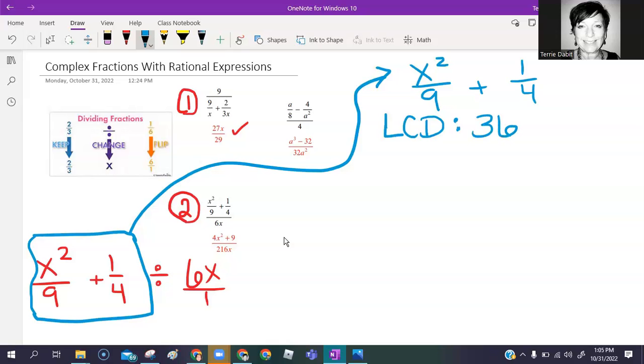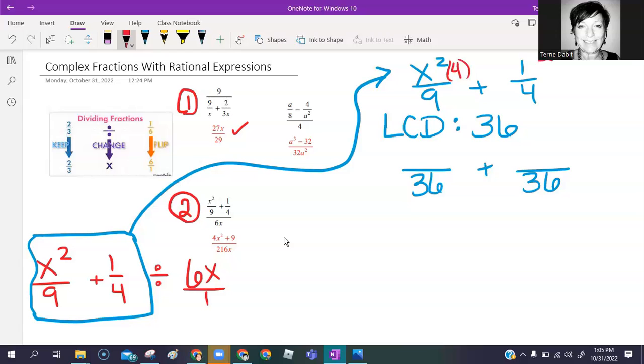So now I need to rewrite each of these fractions with a denominator of 36. I have to figure out what am I missing. If I'm doing the 9, how do I get 9 to 36? I have to multiply by 4.